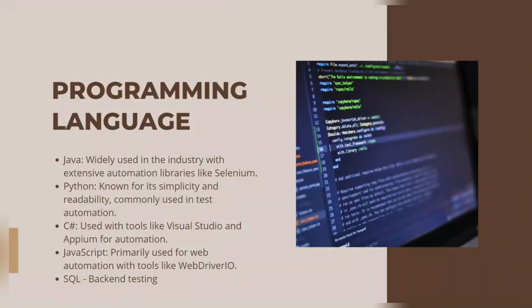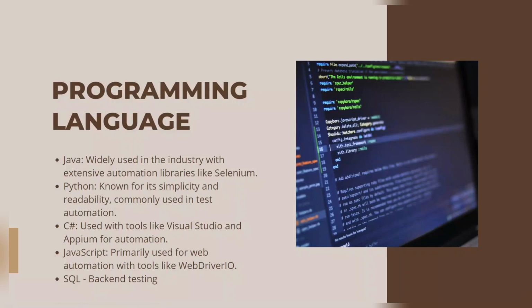The second thing, when you want to become an automation tester, is that you should have knowledge of programming languages. Java is the most widely used programming language in the automation industry. You will see a lot of openings using Java with Selenium.